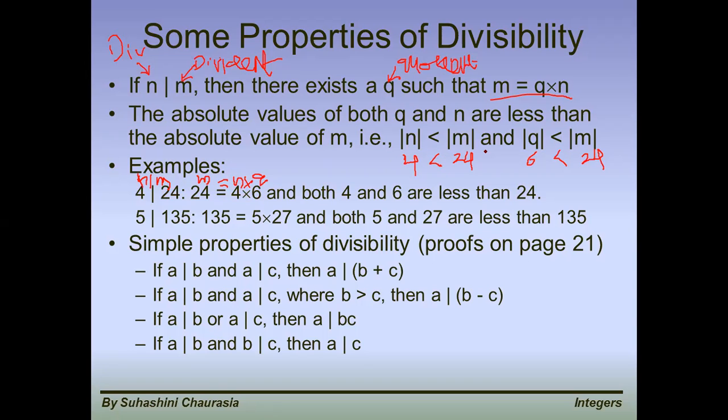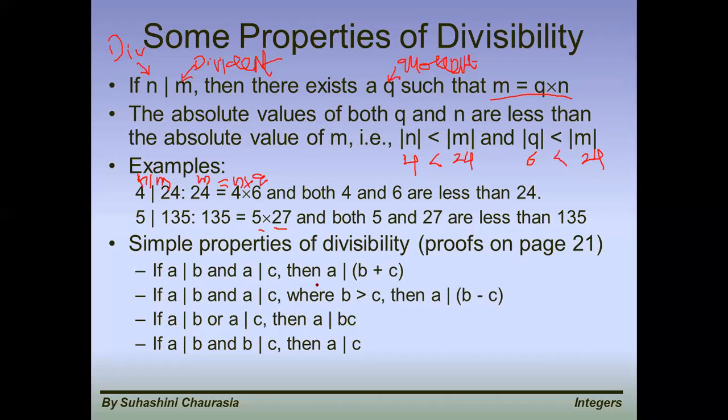That means both 4 and 6 are less than 24. Similarly, if 5 divides 135, you get the answer quotient as 27. So 5 into 27, both 5 and 27 are less than 135.